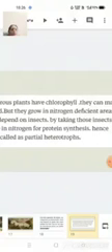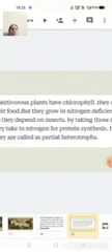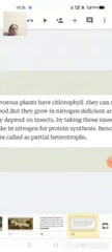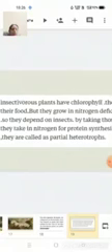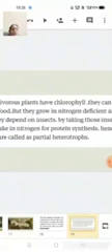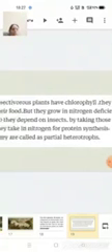They can make their own food, but they grow in nitrogen deficient areas, so they depend on insects. By taking these insects, they fulfill the nitrogen needed for protein synthesis. Hence, they are considered to be partial heterotrophs.